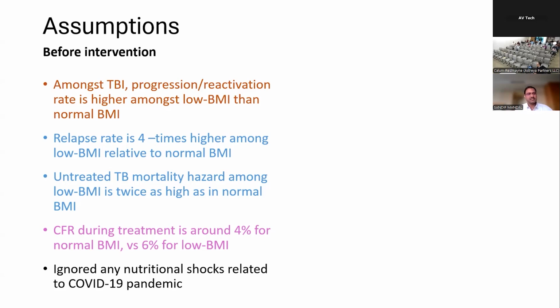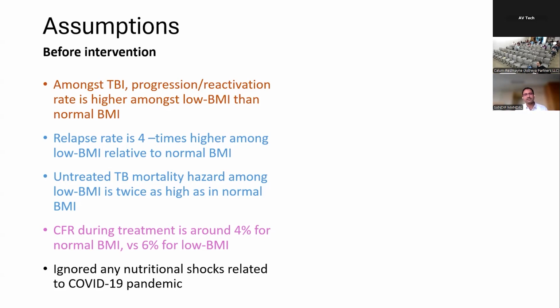Untreated TB mortality hazard in low BMI is twice as high as normal BMI. Case fatality rate is also higher in low BMI, 6%, whereas in normal BMI it is around 4%, from an India study. And we ignored any nutritional shocks related to the COVID-19 pandemic.